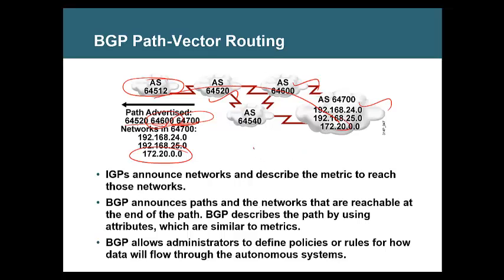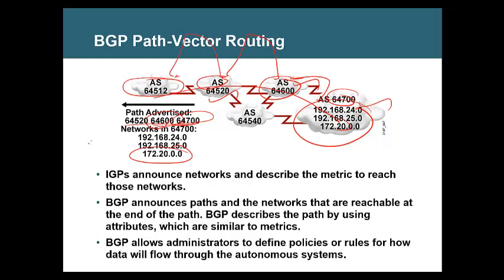See? BGP is a path vector routing protocol because it knows the path as well as the direction. It knows every autonomous system in the path till the destination. While advertising the routes from here, it will advertise with the autonomous system number. This will also advertise with the autonomous system number.